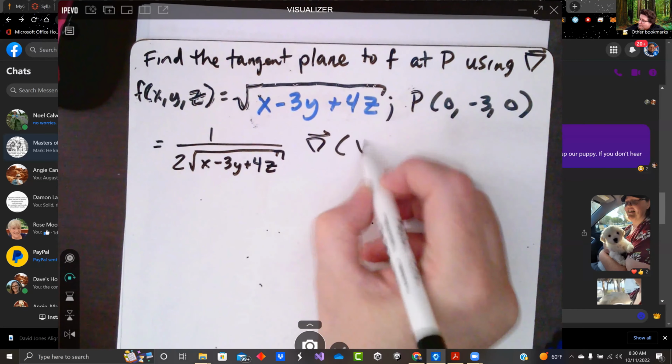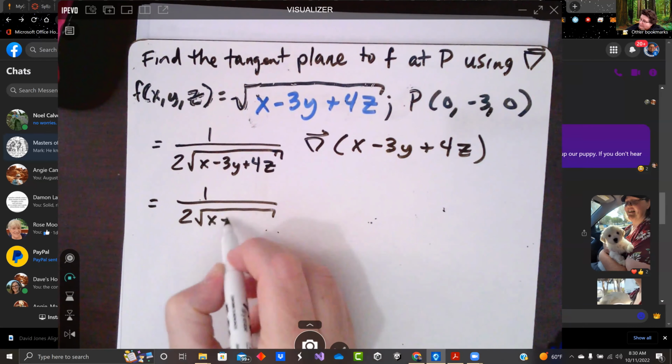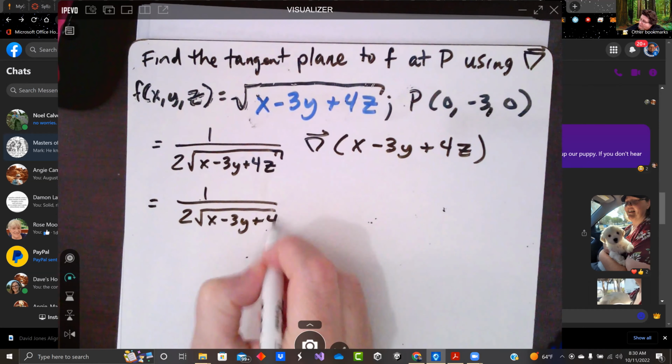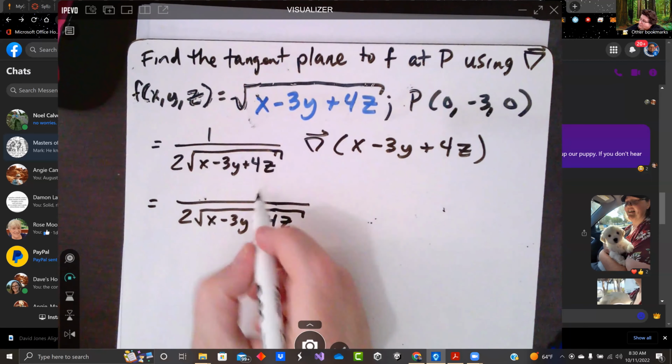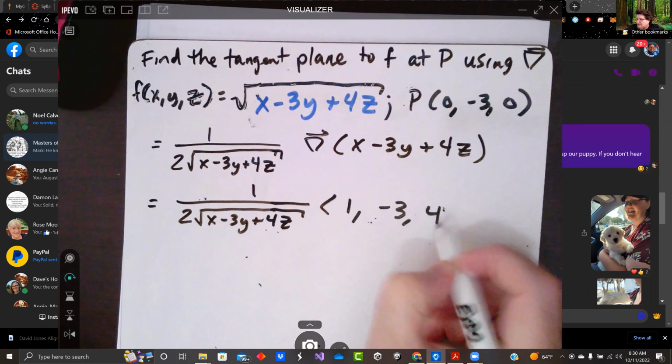We're doing the gradient there. So we should be getting, if I leave this factor out so I only calculate it once, 1, -3, and 4.